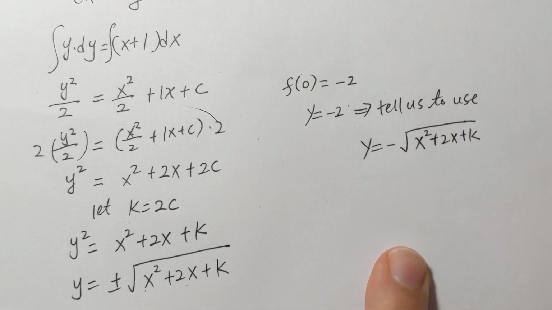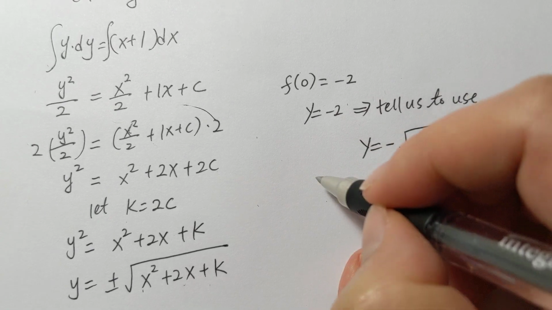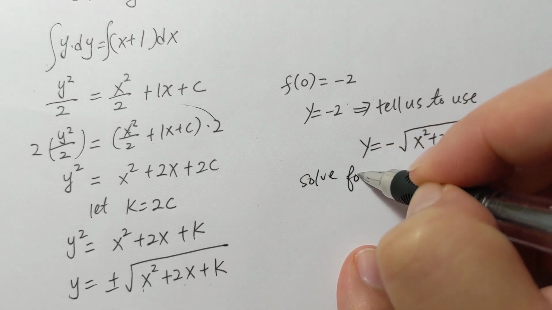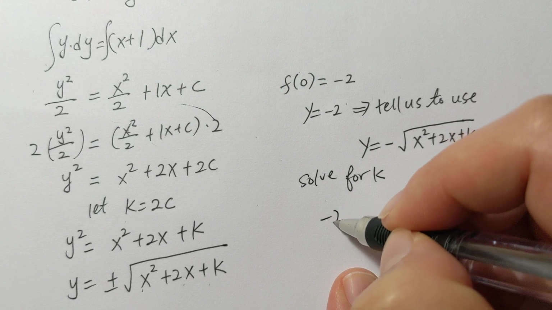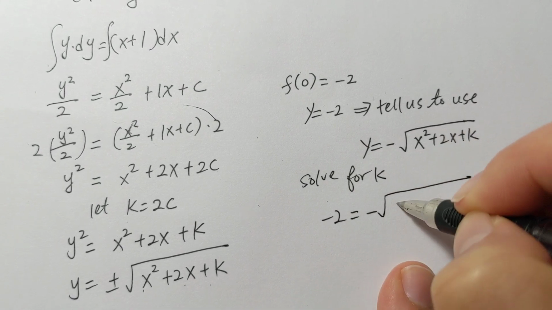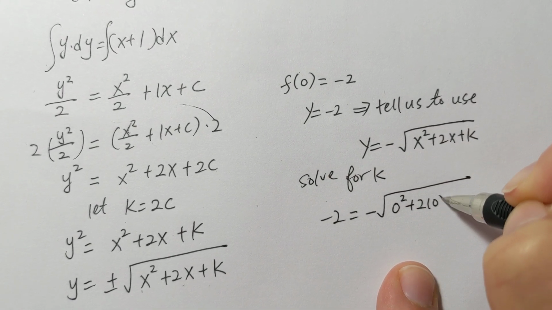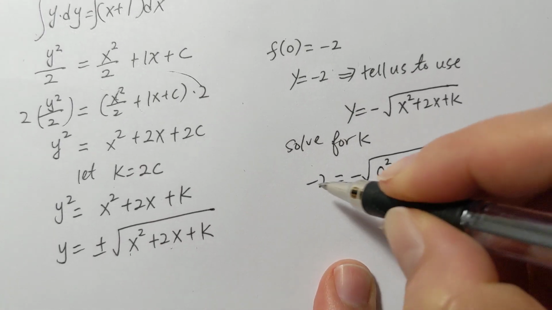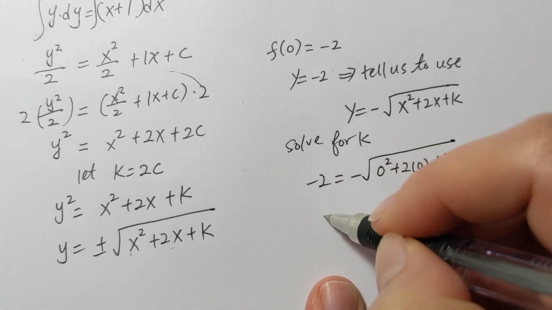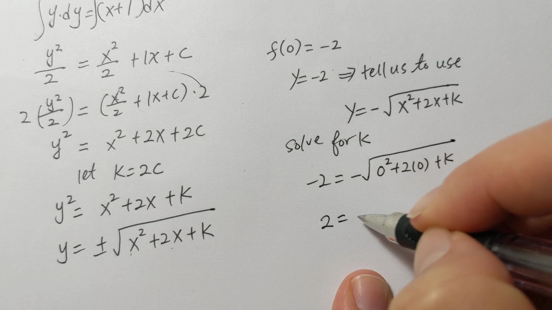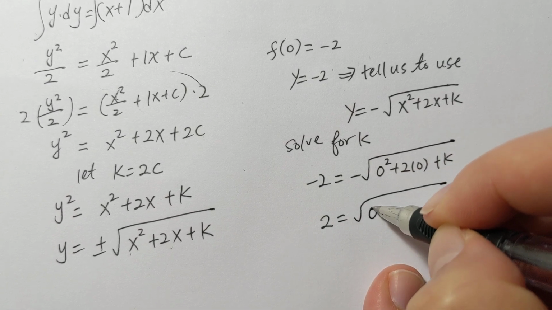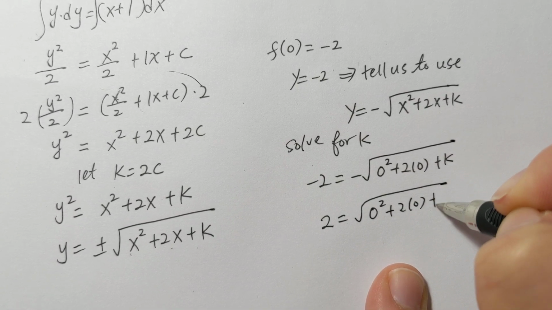So now we're going to do substitution and solve for k. We get -2 equal to negative square root of 0 squared plus 2 times 0 plus k. Both sides have negative, so I divide by negative on both sides. So I get 2 equal to square root of 0 squared plus 2 times 0 plus k.